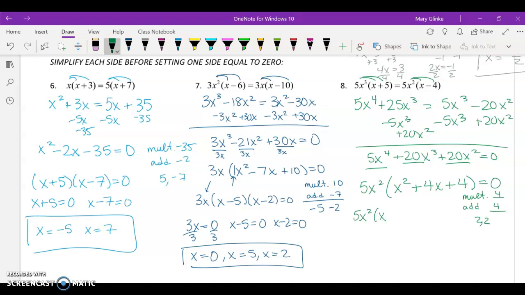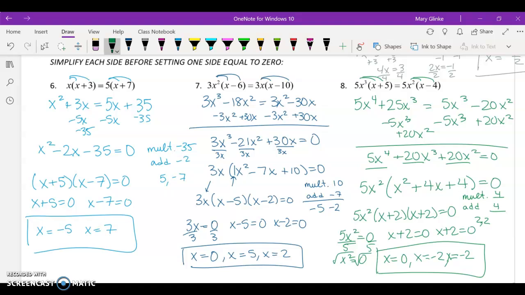So we're going to write 5x squared and then x plus 2, and x plus 2 equals 0. Set each factor equal to 0 and solve the resulting equation. So divide by 5, square root both sides. Our answer should be x equals 0, x equals -2, and x equals -2.